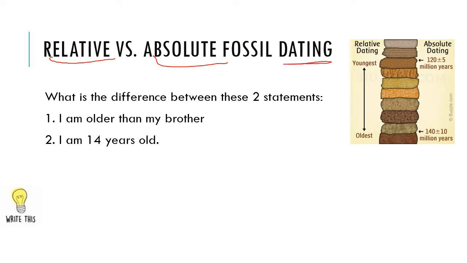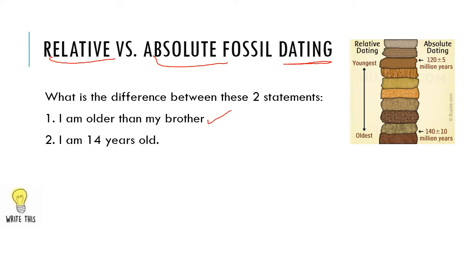Okay? So I want you to think about these two statements. What is the difference between them? The first one says, I am older than my brother. And the second says, I am 14 years old. Pause the video, think about how they're different. Okay. So which one would you say is more of a guess, more of an estimate? If you said the first one, you're correct.